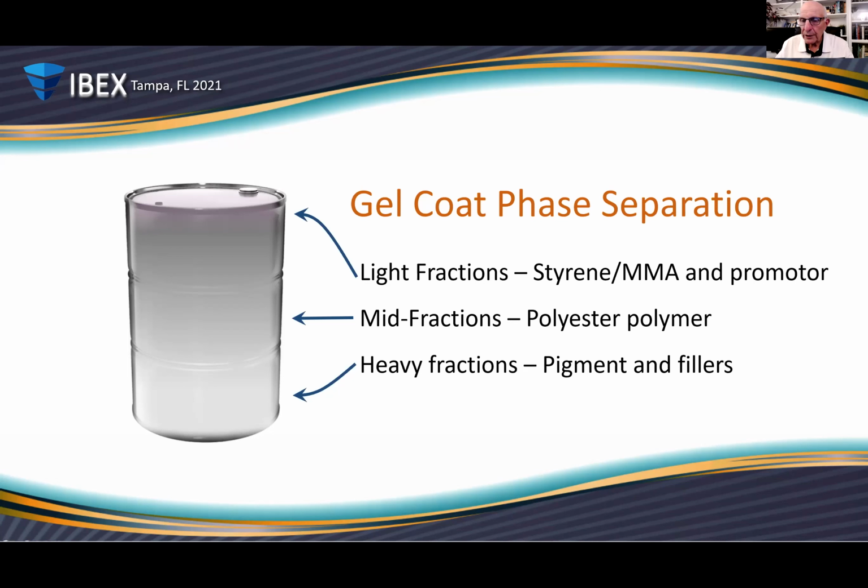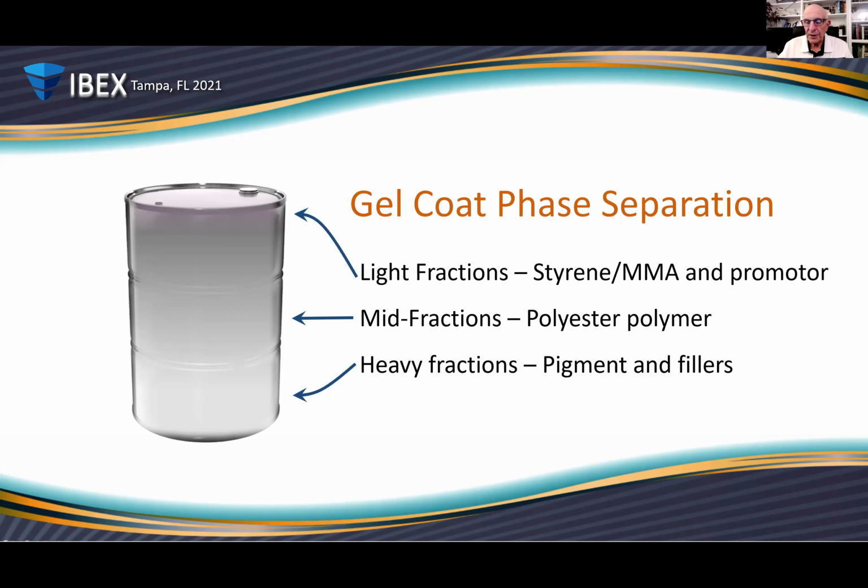So if you open an open top gel coat drum that's been sitting around for a while, you're going to see a pinkish liquid on the surface. That pinkish liquid is, generally speaking, the cobalt and/or DMA promoter, and styrene or that combination of styrene and MMA that's on the surface.